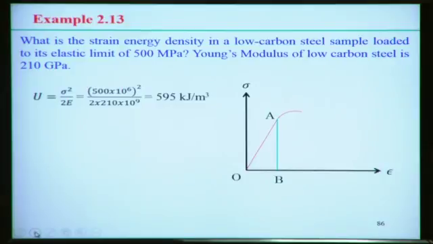Within the elastic limit, normally for low carbon steel, suppose A is the elastic limit here and O to A follows the linear relation.